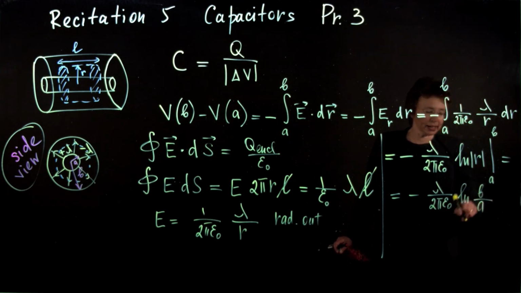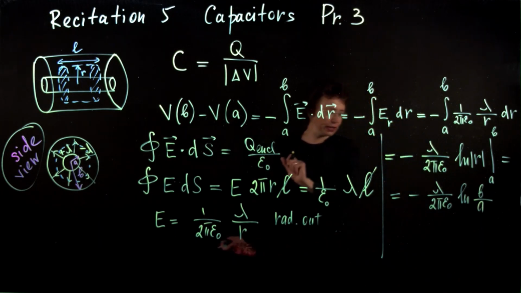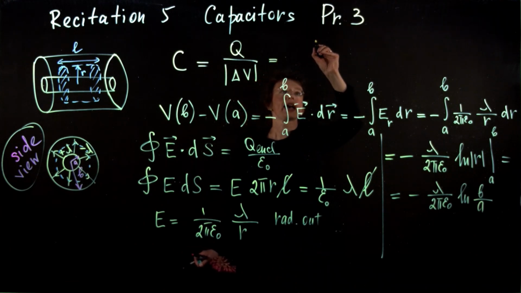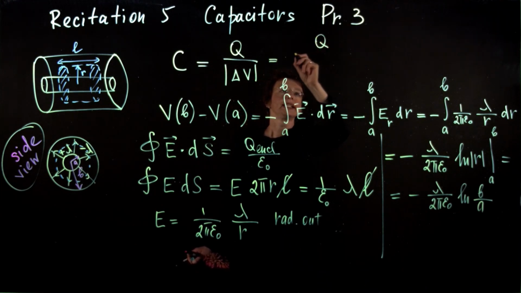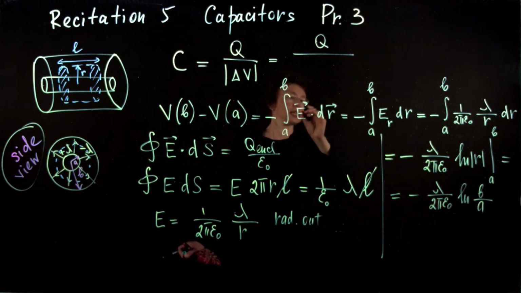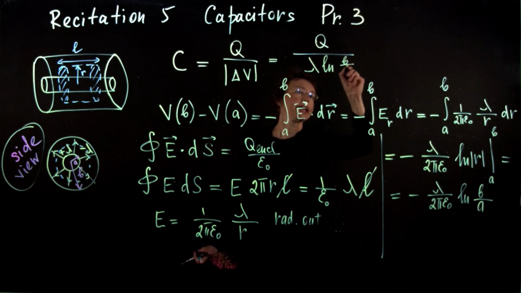This is delta V. Now I bring it here, so I have Q divided by delta V, absolute value, which is lambda logarithm b over a, and here I have 2 pi epsilon naught.